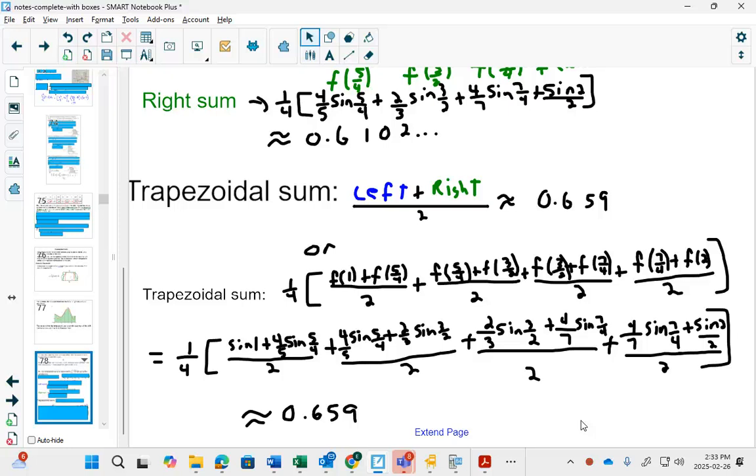It feels like you figured out 3 things. If you do the method that uses the left and the right, you found the left sum, the right sum, and the trapezoid sum. But this is just using the formula of a trapezoid: base 1 plus base 2 divided by 2 times the width of that trapezoid.